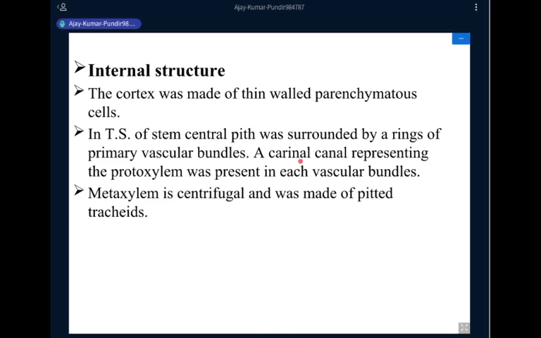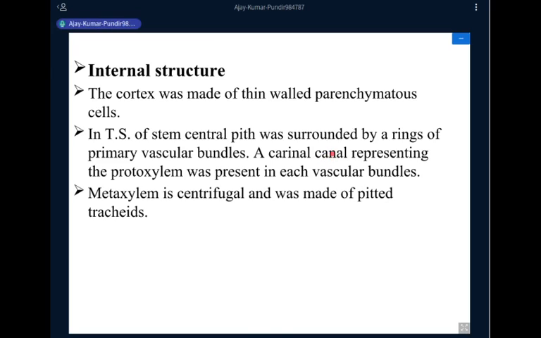The presence of carinal canal in the vascular region and vallecular canal in the cortex region is the diagnostic feature of members which belong to division Sphenophyta.